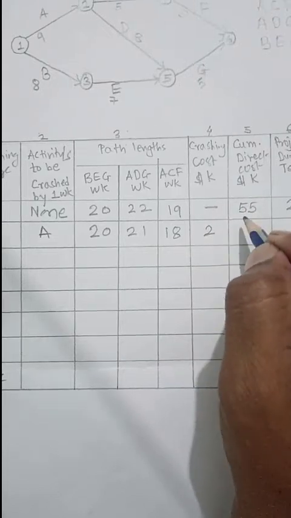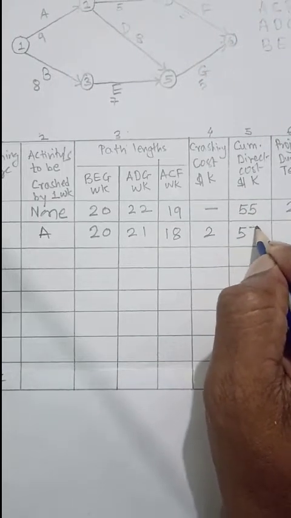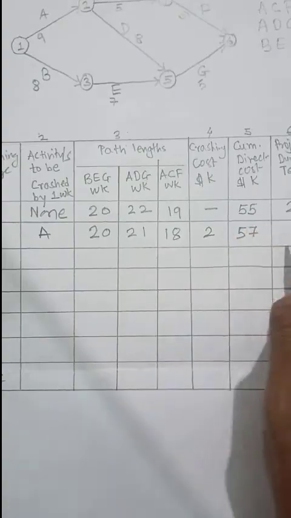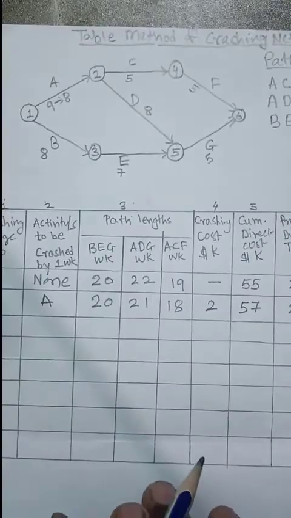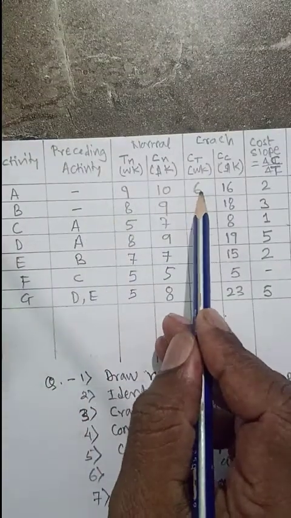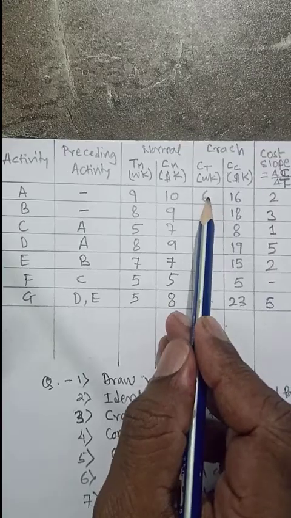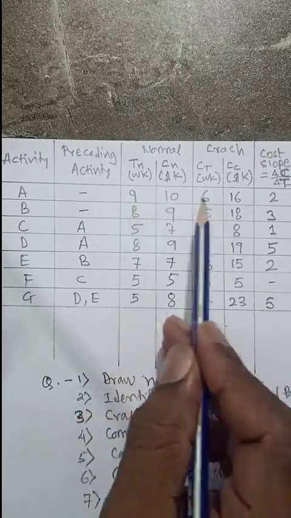So 55 plus 2 is 57, and project duration will be 21. Now in the diagram, 9 has become 8. And for A I can go up to 6 weeks, because the maximum possible crashing is 6 weeks.